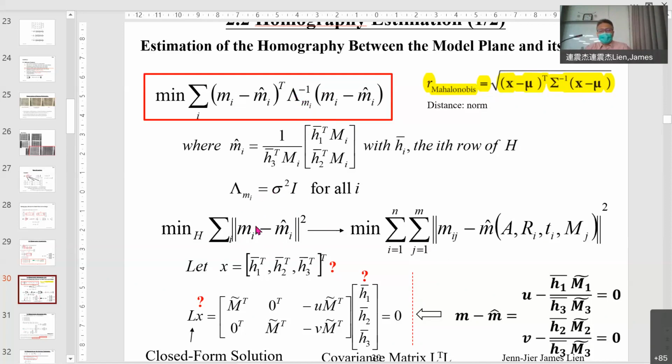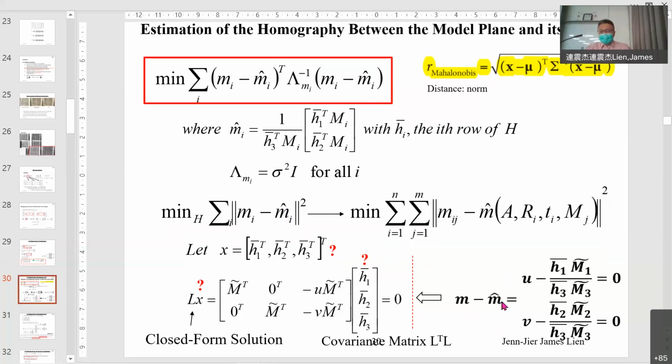So it becomes this one. Okay. So this is the detection result image, and this one is the estimation. So this term, we try to solve this term, this one equal to this one.